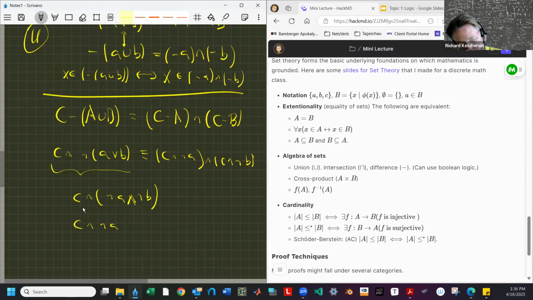So this becomes C and not A. And this is actually not quite distributivity, but I just have C and stuff, so I can do and C anywhere here. So C and not A, and C and not B, because you're really just intersecting them all in that case, or taking the conjunction of them all.